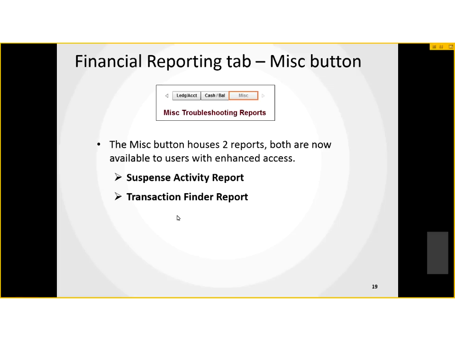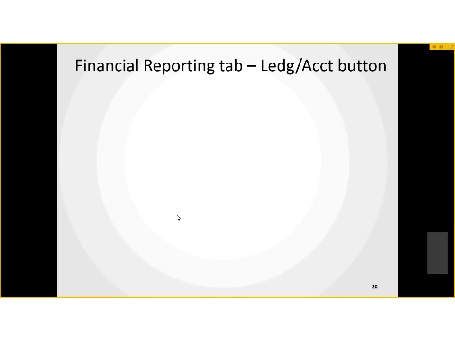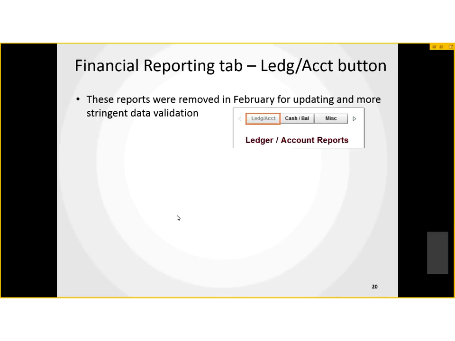Those reports are now only available to the folks who do have that enhanced access. So if you use the Suspense Activity Report and you do not have that level of access, you can still get that information by going through the main ledgers tab and the transactions tab. You just have to do it in a different way now.